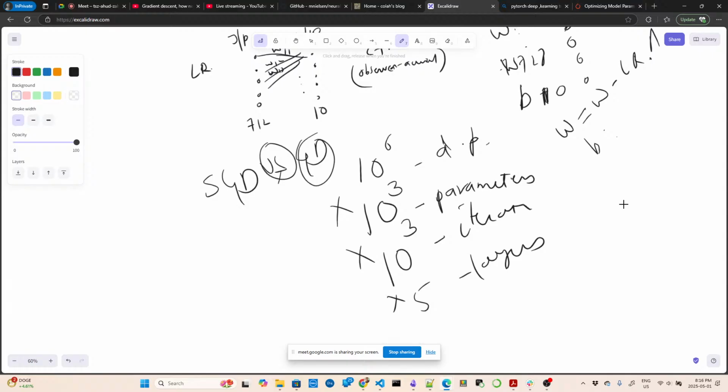So the number of iterations in this case is essentially 10 to the power 6. Now, you don't want to do 10 to the power 6 iterations, you want to do maybe fewer iterations. What is the difference between iteration and the number of inputs?